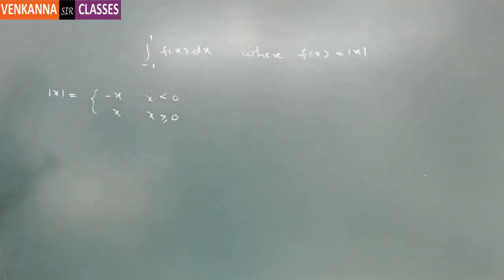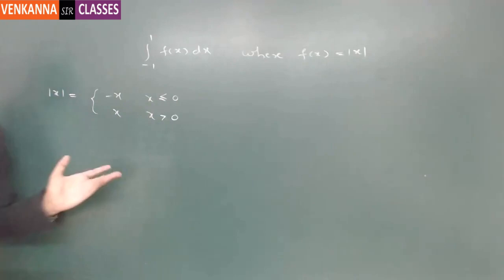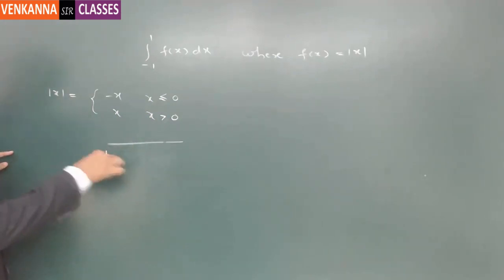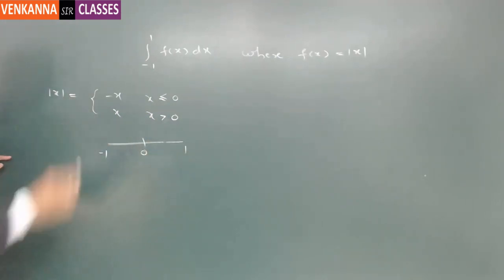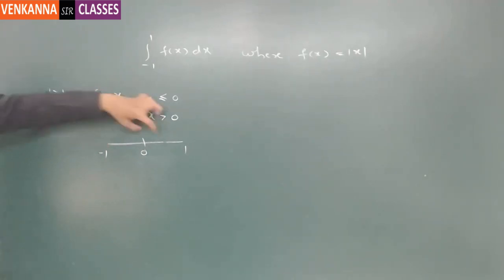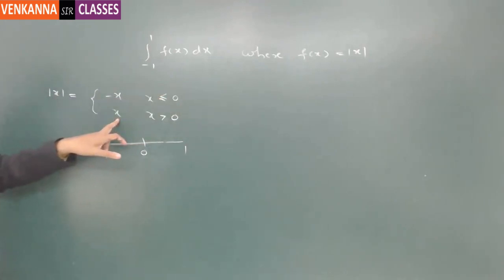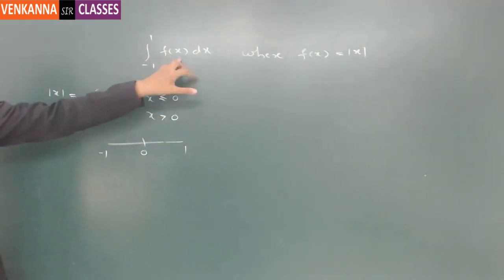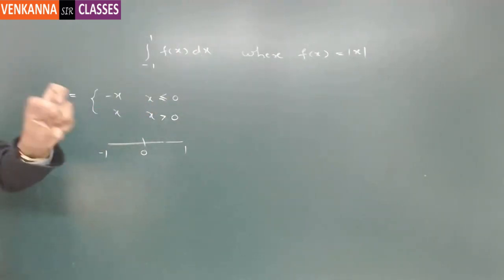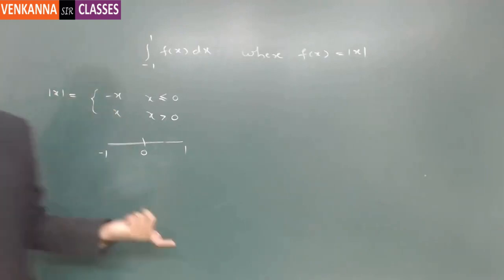Now, while taking the partition on the interval -1 to 1, at the point 0, in this segment the function is minus x, and in this segment the function is x. If the function does not change over the entire interval, we simply bifurcate the interval into n parts.